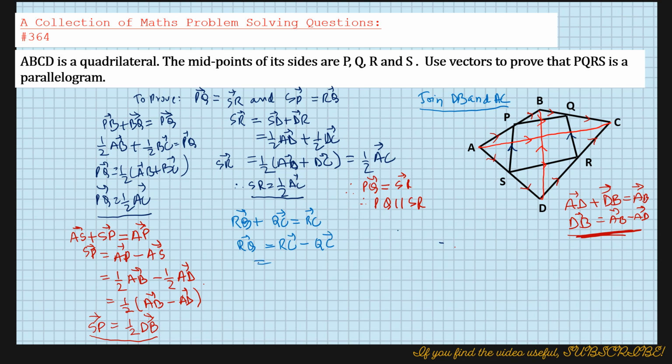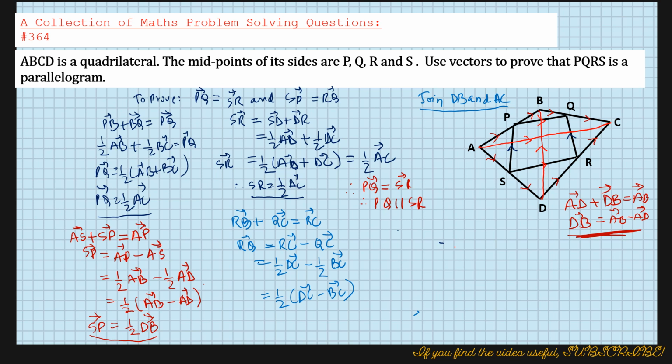RC is half of DC, minus QC, that is half of BC. So that equals half of DC minus BC.